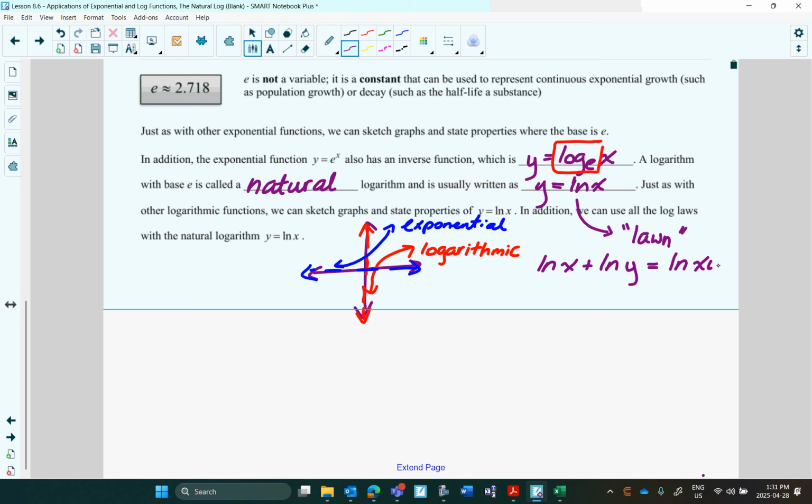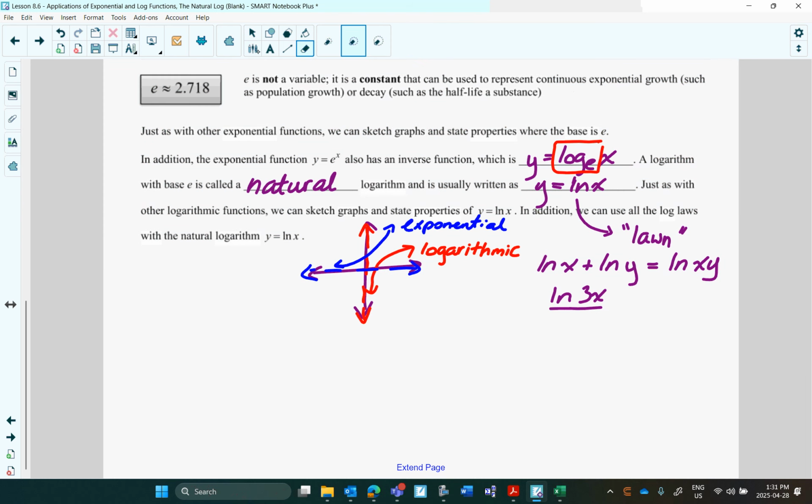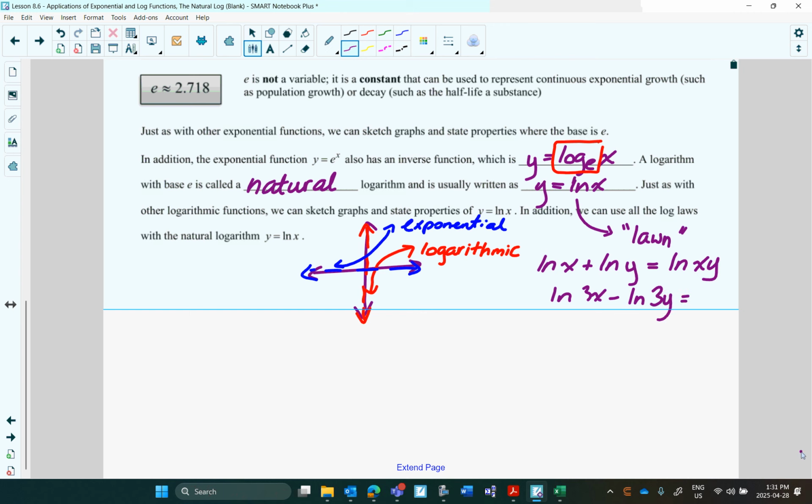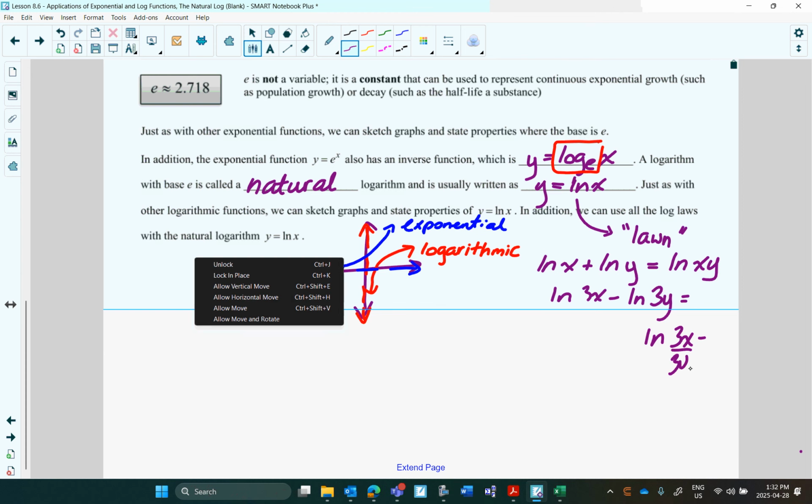Now the next one, 3x divided by 3y, pardon me.